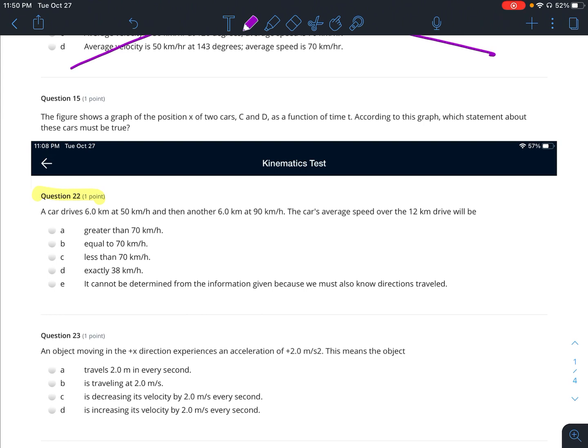Since distance is the common factor there, time is going to be different. So our average is going to be closer to that 50 kilometers per hour, slightly less than 70. So of course you're going to pick C, less than 70 kilometers per hour.